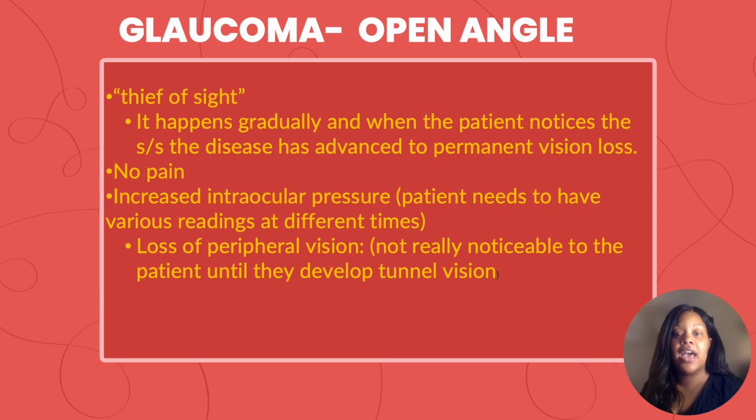The patient needs to have various readings done at different times. The patient can also have loss of peripheral vision, which is your side vision, which is not really noticeable until they develop tunnel vision. And what is tunnel vision? Meaning nothing on the side matters. All they can see is just straight. They can't see any peripheral. So those are your signs and symptoms of open angle.